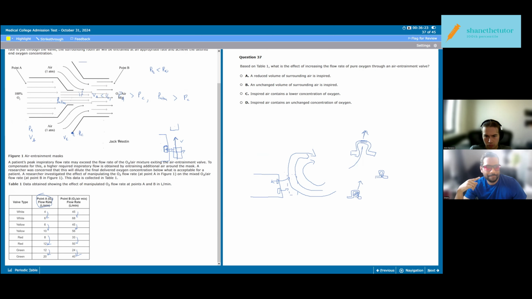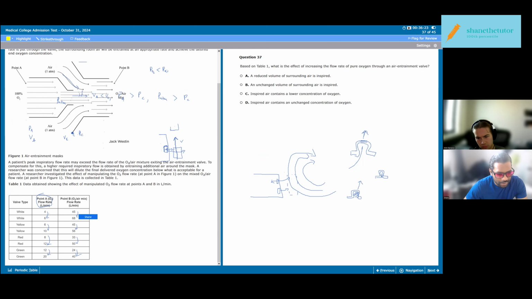Okay. We should have maybe an increased volume of surrounding air that is inspired, right? Why? Because, two reasons. One, Venturi effect, the faster this goes, the more of the air that gets sucked in.